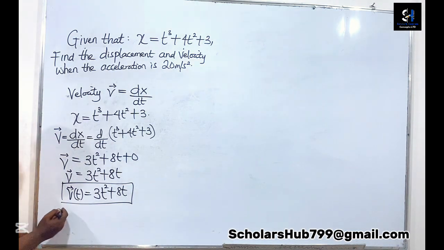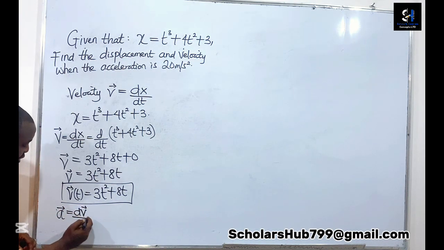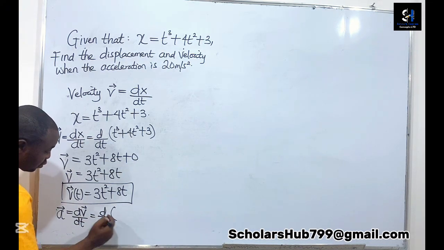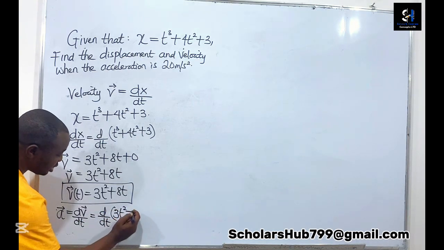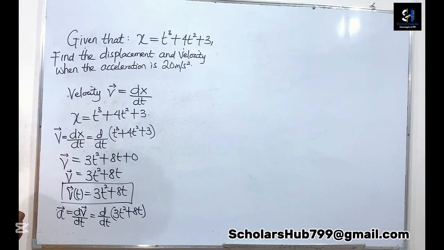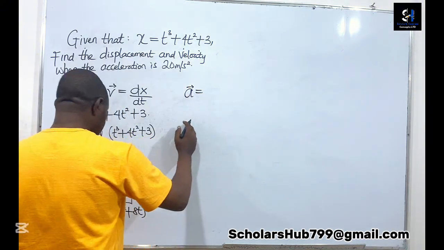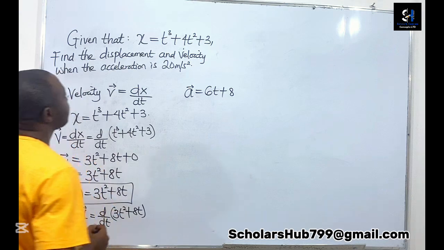So acceleration is equal to dv over dt. So I'm going to differentiate 3t squared plus 8t with respect to time t, and the acceleration will be equal to 6t plus 8.